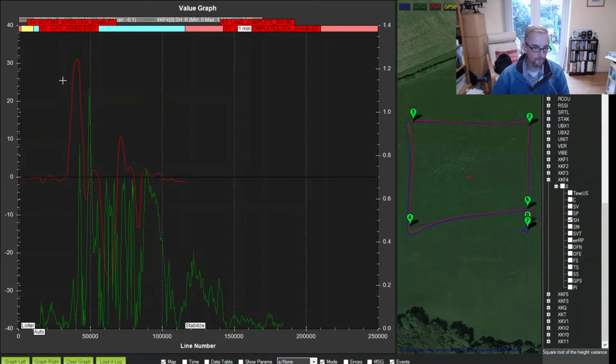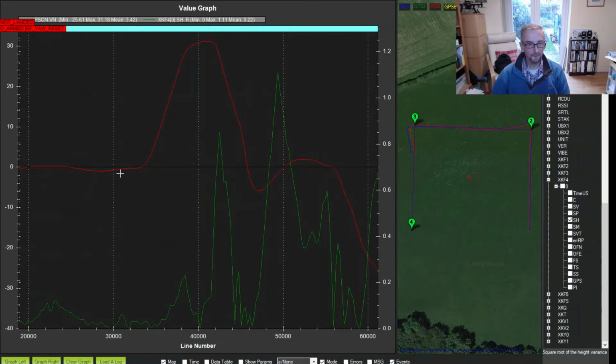So you can see that. For reference, let's zoom in here a little bit. If you remember, this is the velocity in the north component, so this is the first leg. Everything's quite good in the first leg, and then we decelerate quite aggressively and the height variance spikes.